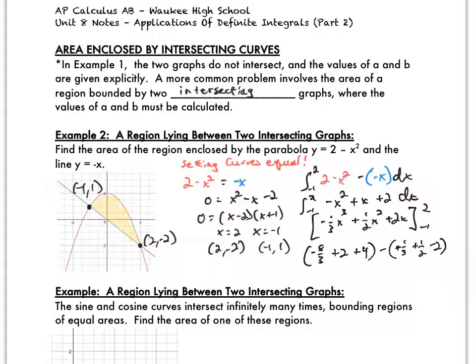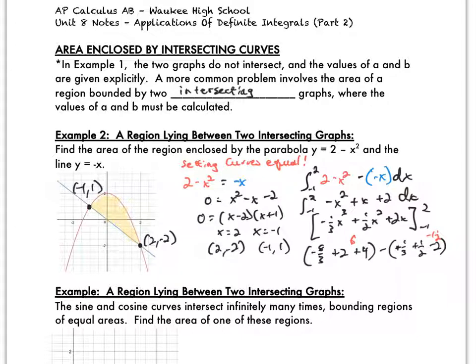All right, so let's see what I've got here. Let's just kind of clean house a little bit. This is going to be 6, and then this is going to be minus 1 1/2, but then this negative sign will take care of that.